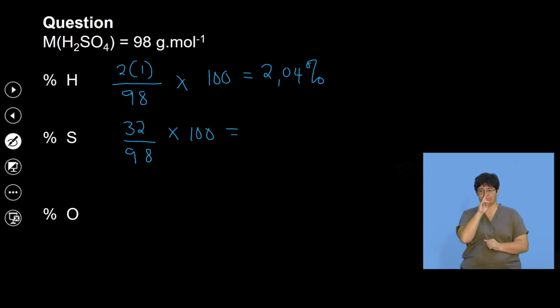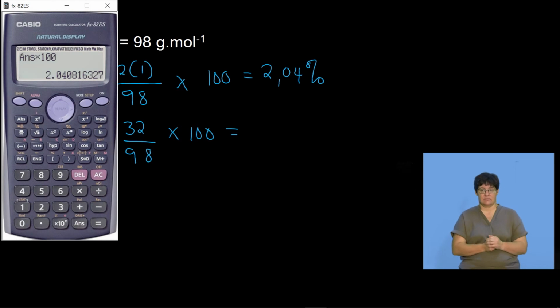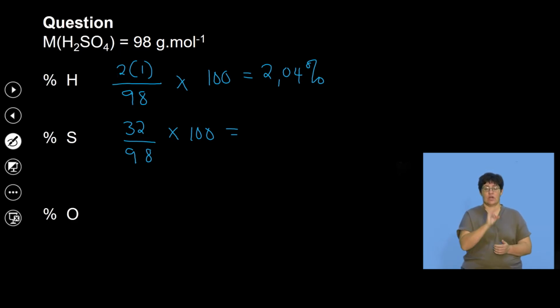So on our calculator, we've got 32 divided by 98, multiplied by 100. This gives us the percentage of sulfur, which is 32,65. Always 2 decimal places. 32,65%. And then last but not least, oxygen.